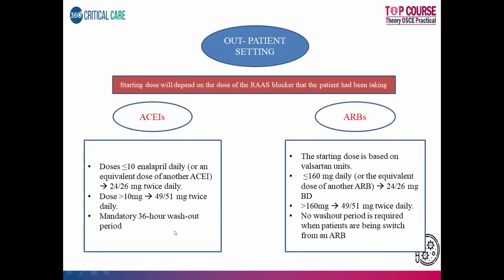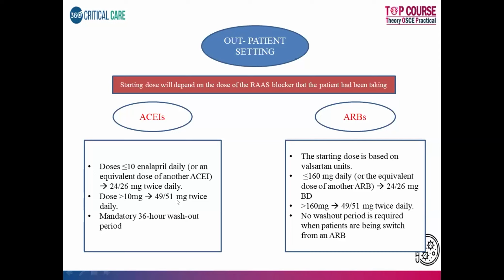If the patient is taking enalapril or any other equivalent, and the dose is less than or equal to 10 mg, then you have to start with 50 mg twice daily. But if the patient is taking more than 10 mg of an ACE inhibitor, then the dose is 100 mg BD. And there should be a mandatory 36-hour washout period for this.